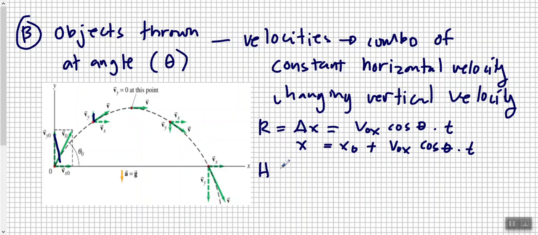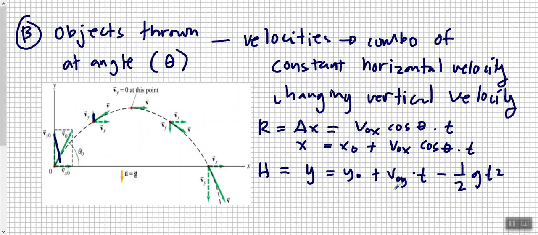Sometimes we just write it down as h max, or the y, which is equal to the initial velocity on the y minus 1/2 gt squared, since gravity acts on it.